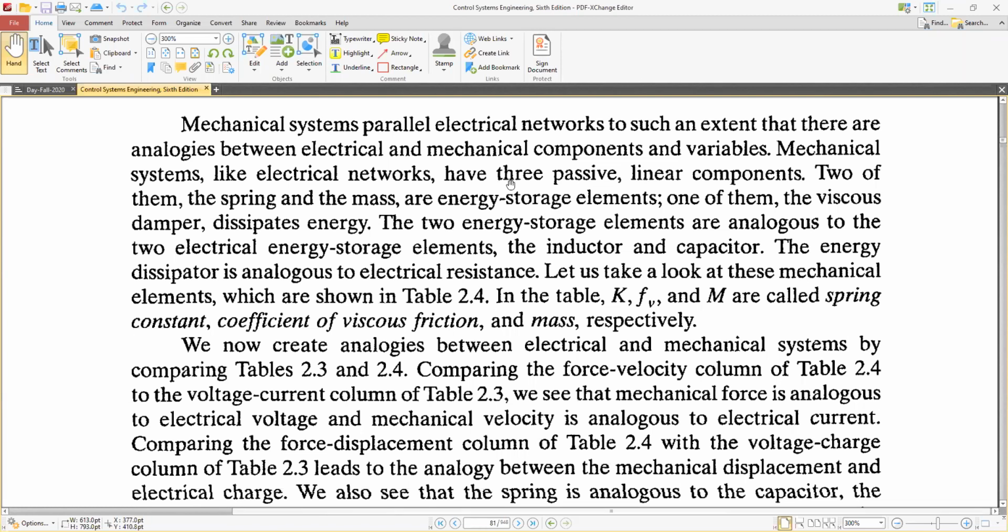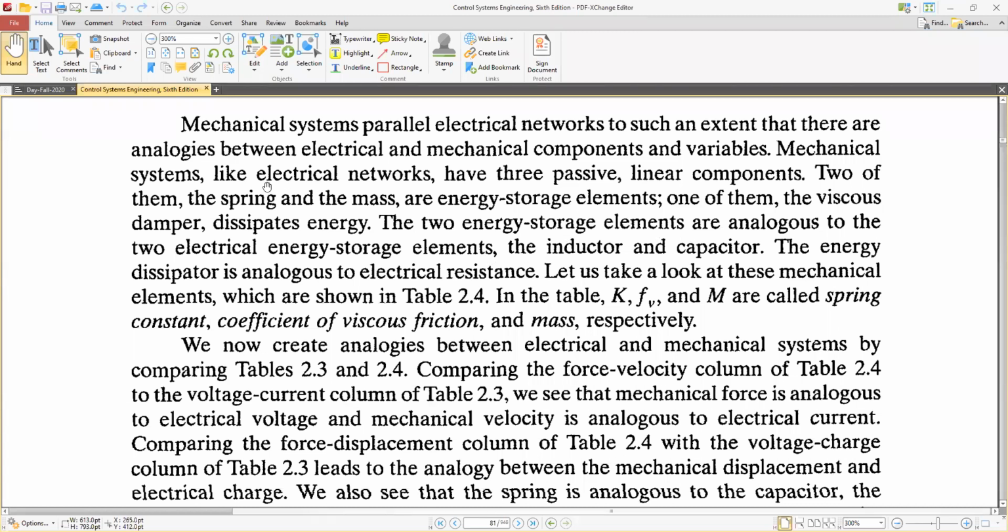Like electrical networks, a mechanical system has three passive linear components. Two of them, the spring and the mass, are energy storage elements. One of them, the viscous damper, dissipates energy, like a resistance.